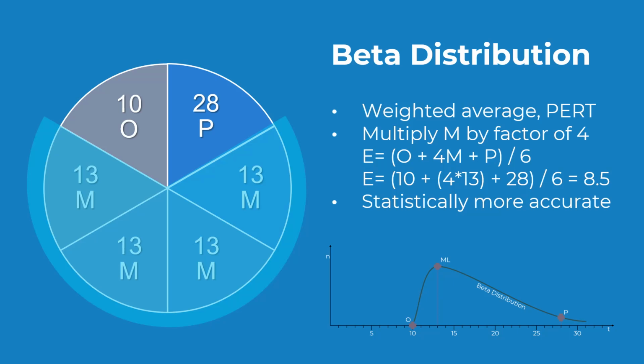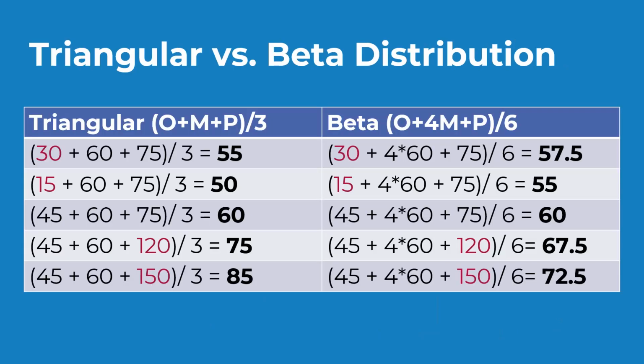Let's see how the math works in this using different estimates. In this table, we've plugged in other numbers to see the effect. In the middle of the table, we see both triangular and beta distribution, where estimated time durations came out to be 60 hours. Let's say we had an external optimist on our team.